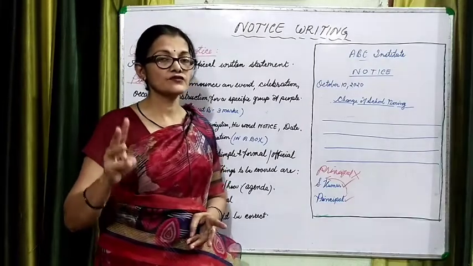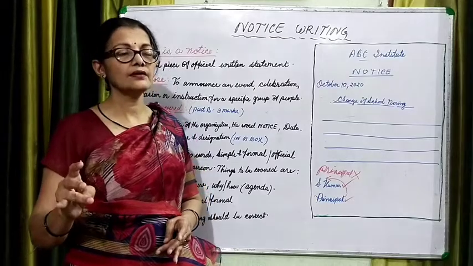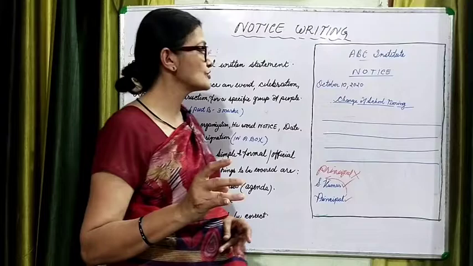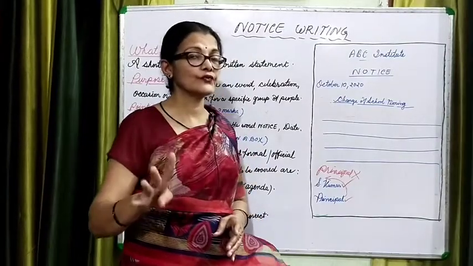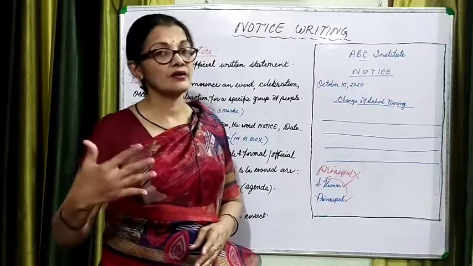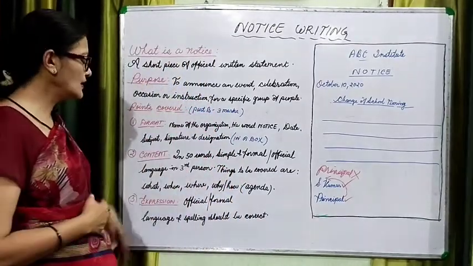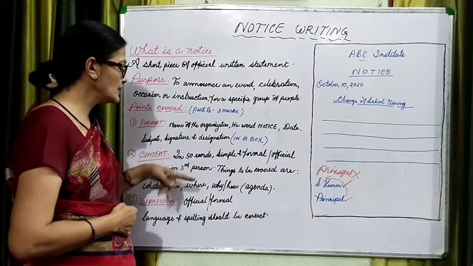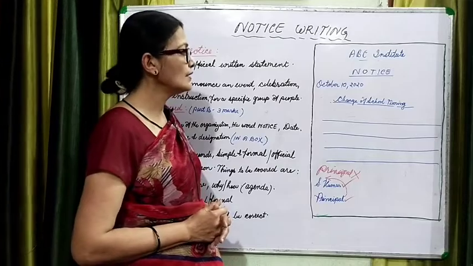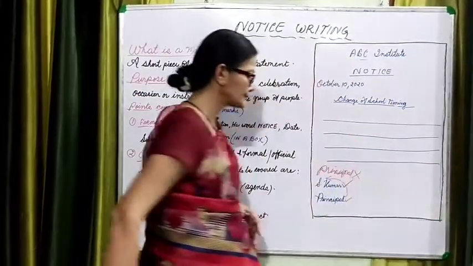Your notice, poster, invitation, and classified advertisement, all these 4 things are a part of your short writing in the writing section, and they should all be in 50 words. That's why we call it very short writing, and these have to be in a box.